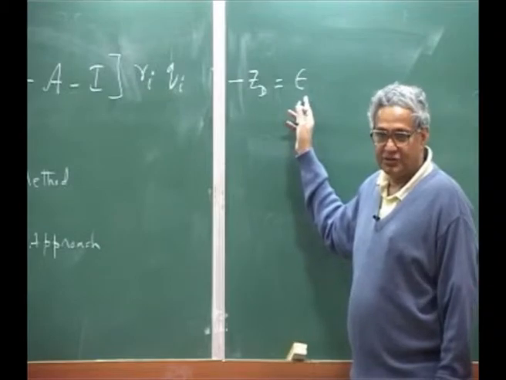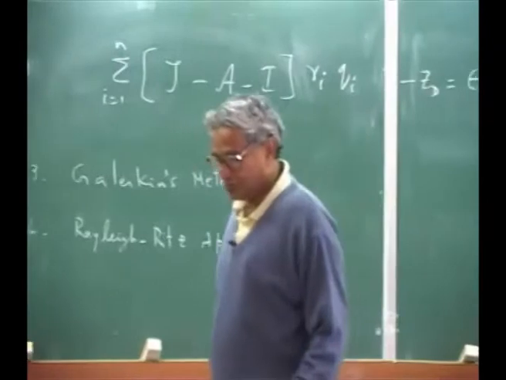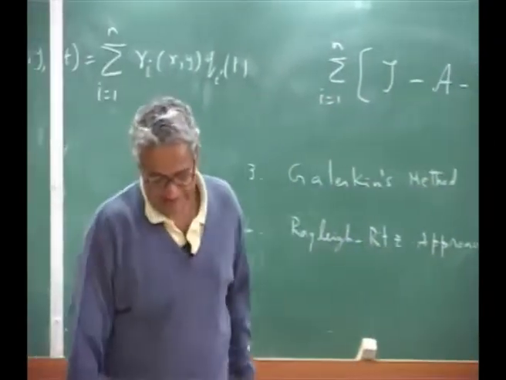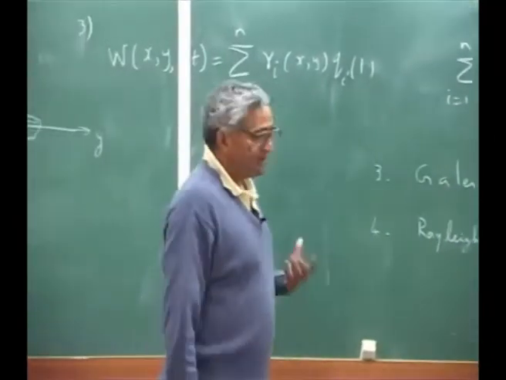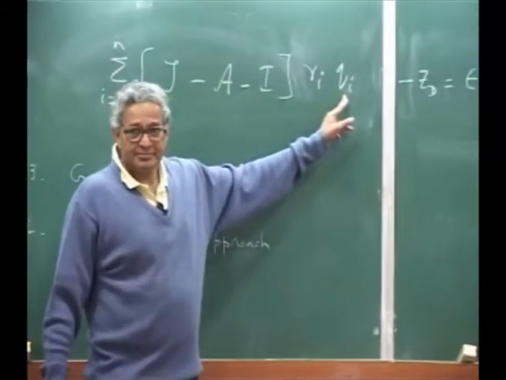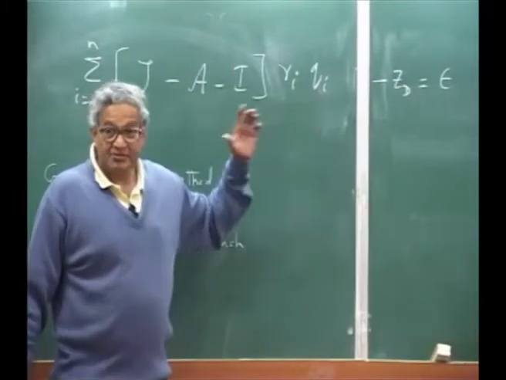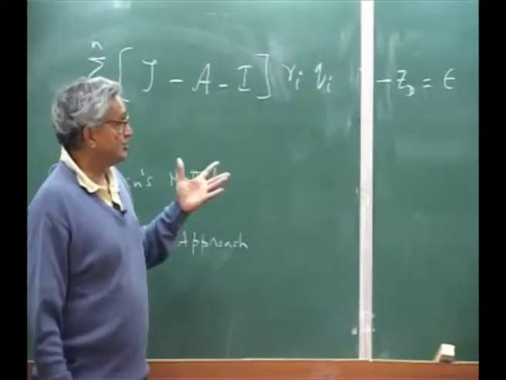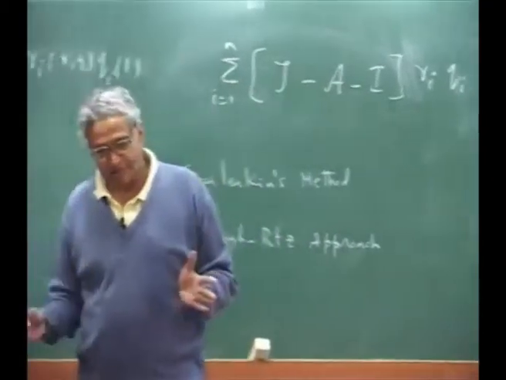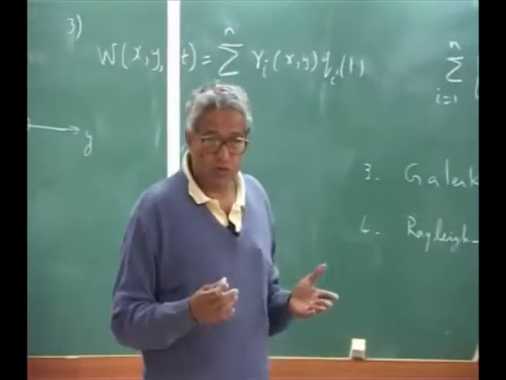Okay. Now the question is, this technique was proposed in 1913. He said that, okay, I want to find out gamma i such that the error should be, you can say, the error should be minimum, but there is no, you can choose.